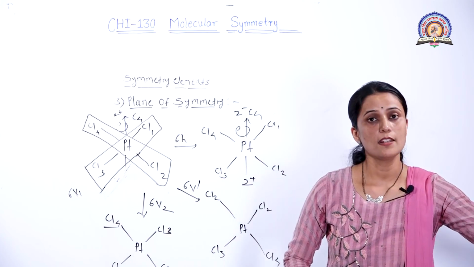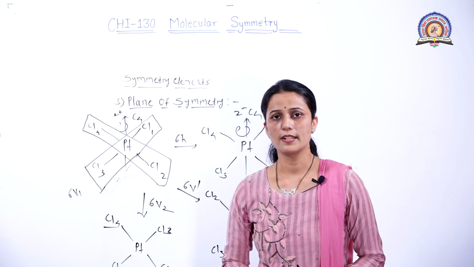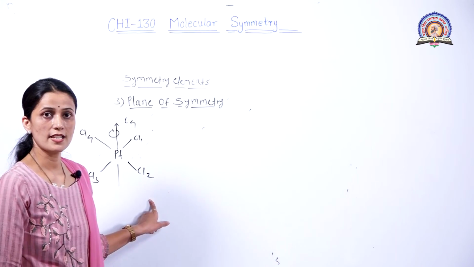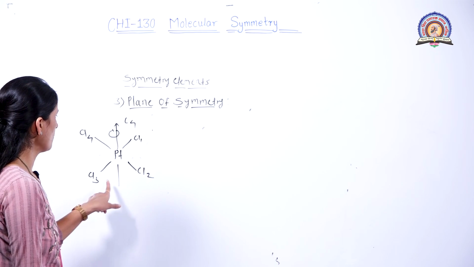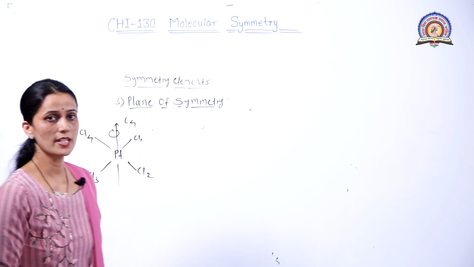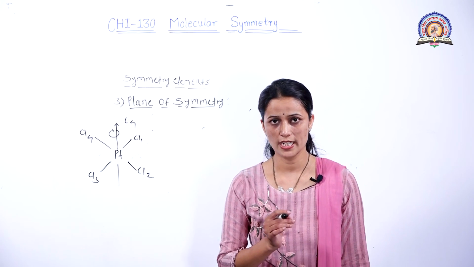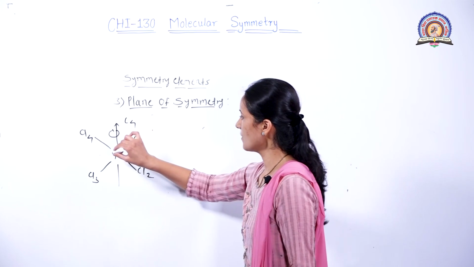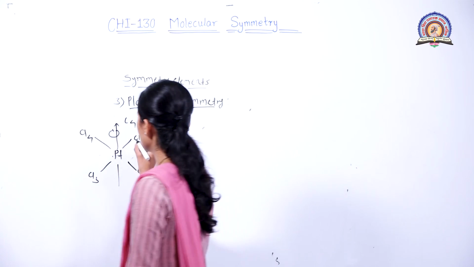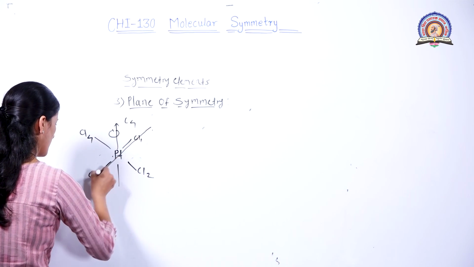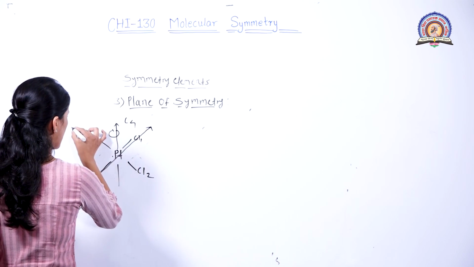So let's think about sigma D. So this is your molecule Cl1, Cl2, Cl3 and Cl4. Now what is meant by sigma D? An imaginary plane which bisects the subsidiary axis. Okay. So this is your principal axis and these are your subsidiary axes, that is secondary axes.